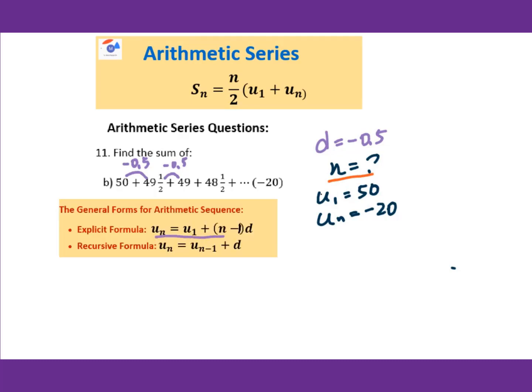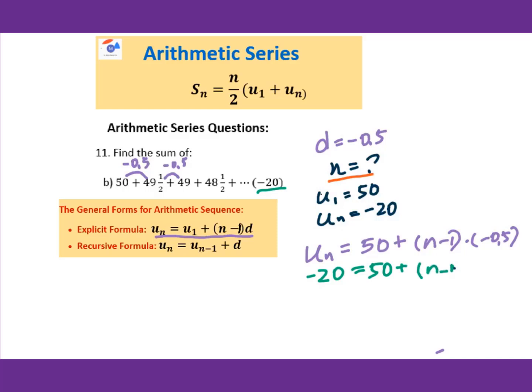Still according to this formula, we know u sub n equals the first term, 50, plus n minus 1 times negative 0.5. U sub n is negative 20, so negative 20 equals 50 plus n minus 1 times negative 0.5.